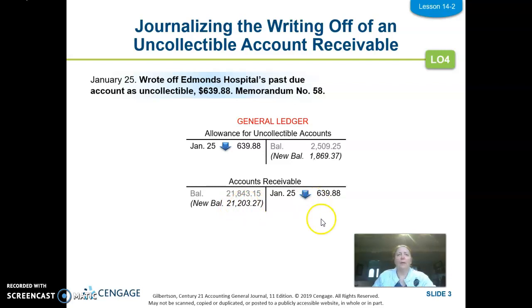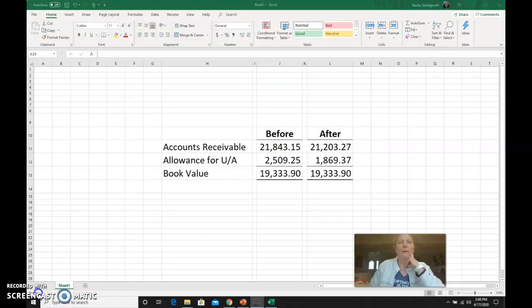I'm just going to real quick pull up this analysis so that you can write in your notes for this section, and this is what I would write, that the book value does not change when I write off an account. Before we wrote off Edmonds, our accounts receivable balance, which we saw in the T account, was $21,843.15 and our allowance was $2509. We subtract that and we get $19,333.9.